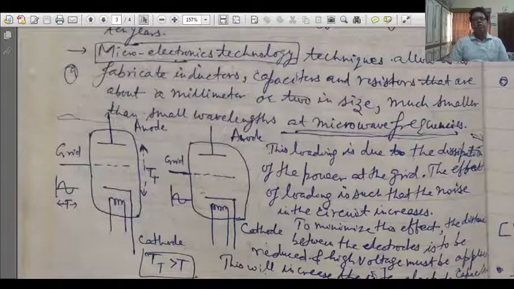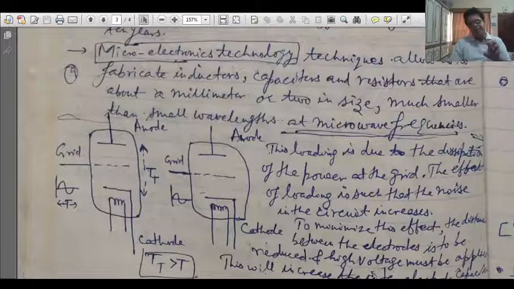Microelectronics technology techniques allow us to fabricate inductors, capacitors, and resistors that are about a millimeter or 2 in size, much smaller than the small wavelengths.